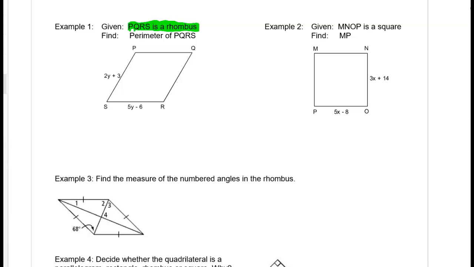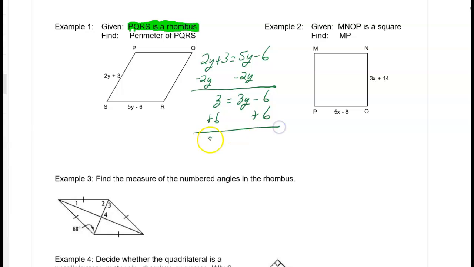So the equation we would want to use here is 2y plus 3 equals 5y minus 6. Let's subtract 2y from both sides. 3 is equal to 3y minus 6. Add 6. 9 is equal to 3y. Divide by 3. y is equal to 3.